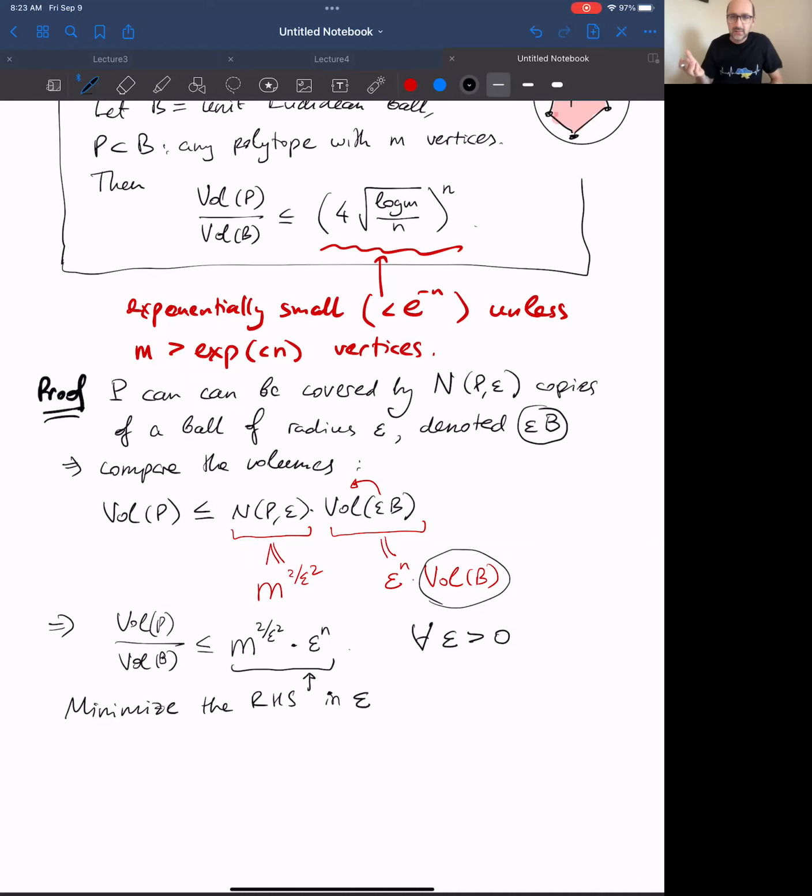I'll skip this part. You guys know how to do this, right? You take the derivative, and it's an easy derivative. You get the equation, it's an easy equation. I did it. That was my homework, so I did this. And the minimizer would be exactly this. So this is do it yourself. Just minimize that expression.